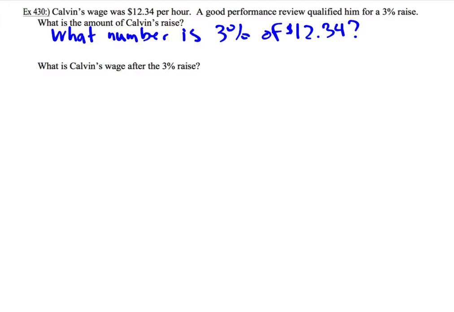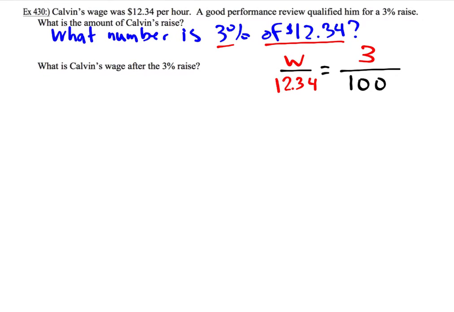So, that sentence actually helps us identify what these things are. So, it is 3%, the raise. It is of his original wage, and it's going to be a certain amount. So his raise, maybe we use R for raise. His raise is going to be R. We cross multiply here.